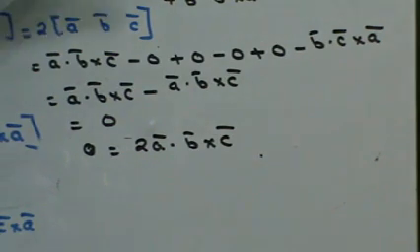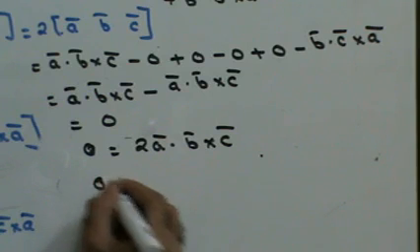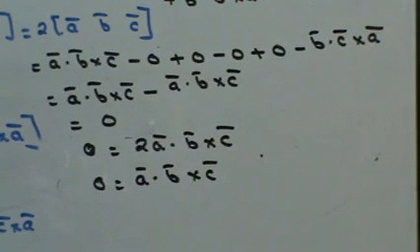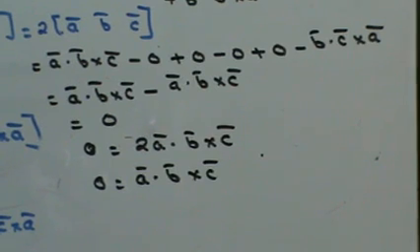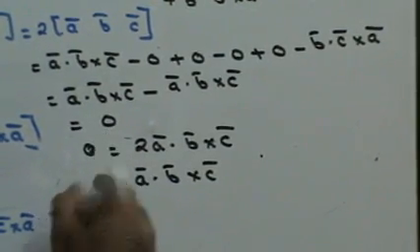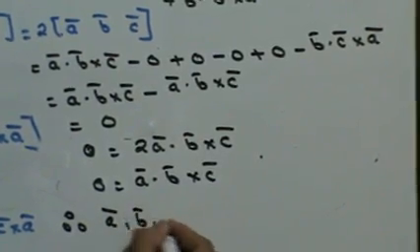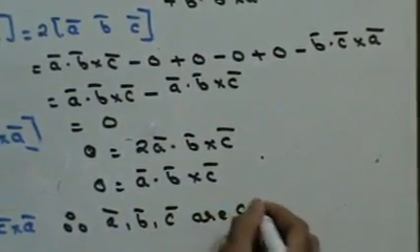Taking 2 to the other side, 0 is a vector dot b vector cross c vector. That means the scalar triple product is 0. So if the three vectors are coplanar, then the scalar triple product is 0. If I do the converse, I find that the scalar triple product is 0, therefore a vector, b vector, c vector are coplanar.